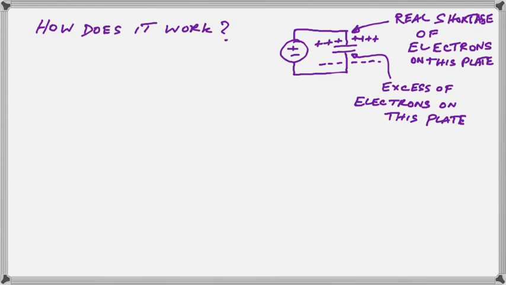So the battery actually forces electrons off of the top plate, as shown in the diagram, creating a shortage and making that plate positive, and it forces extra electrons onto the bottom plate, creating an excess of electrons on this plate.